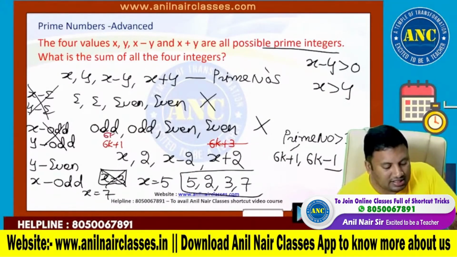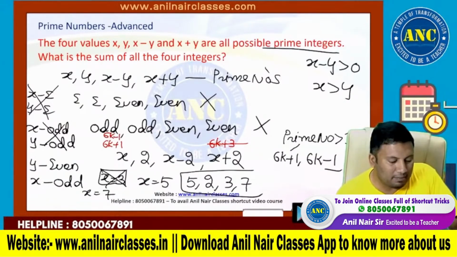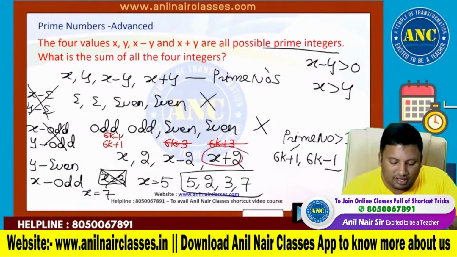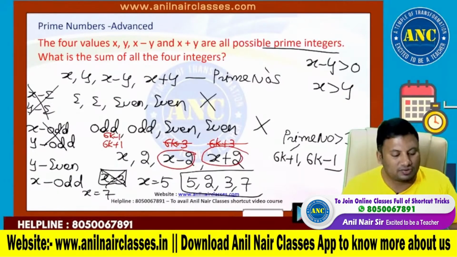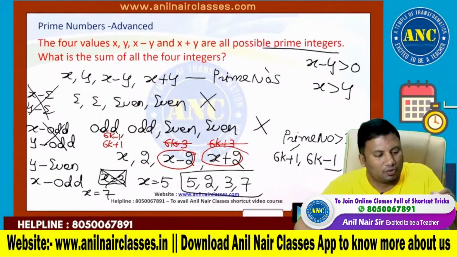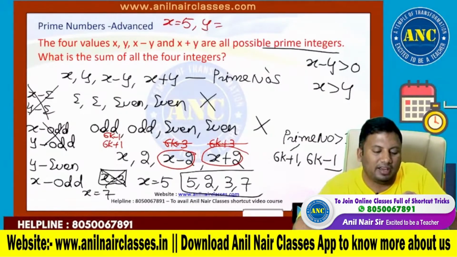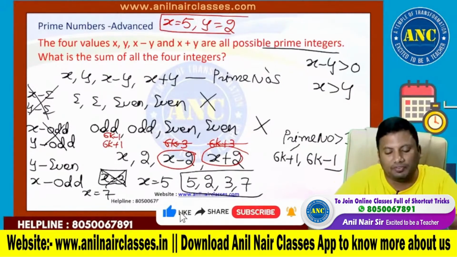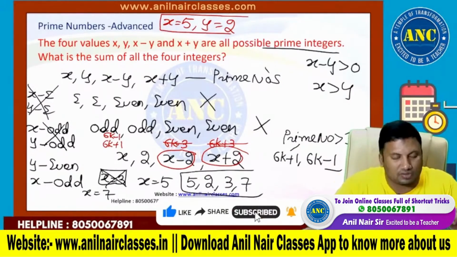If I take 6k minus 1, then 6k minus 1 minus 2 is 6k minus 3, which is divisible by 3. So after 5, one of these numbers will always be divisible by 3. The only value which satisfies is x value 5, y value 2: 5, 5 minus 2, 5 plus 2. Beautiful question, we solved it.